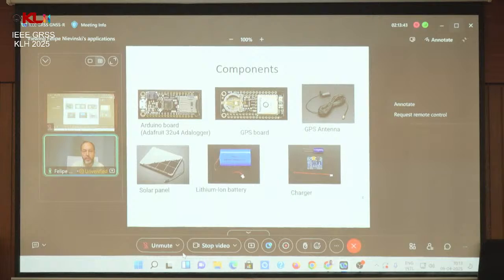So these are some of the components that you can play with: an Arduino board, a microprocessor, which records the data in an SD card. The GPS board is a shield on top of the main board. It has an antenna here, an indoor antenna, but we do not use it.